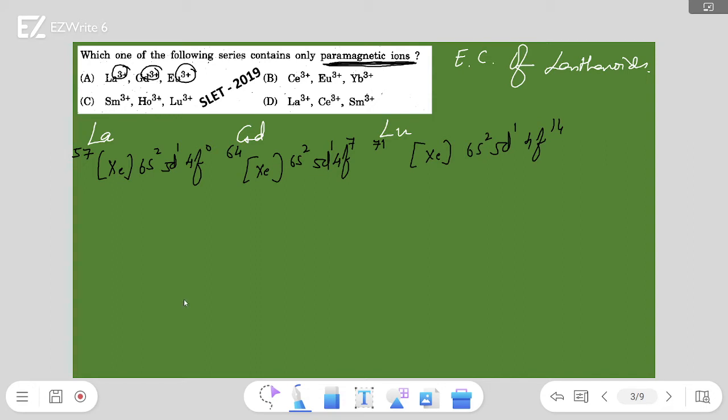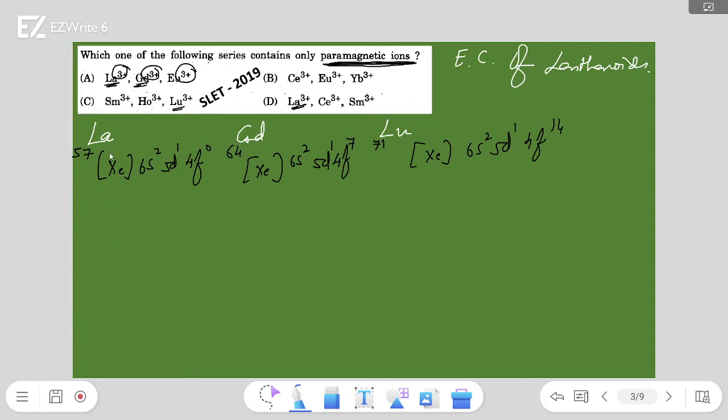If I am able to find a series having no unpaired electron, I can win the situation. What was the reason for taking lanthanum, gadolinium and lutetium? Because these three are considered to be the most prominent elements in this series, and you can see lanthanum and gadolinium over here, lutetium over here and lanthanum over here. So if I prove them to be diamagnetic, those options will get removed very easily.